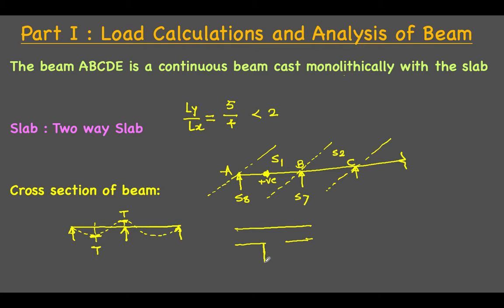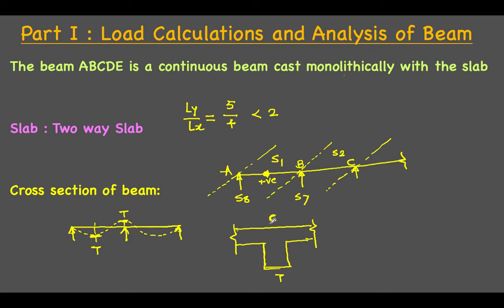And this is the beam which we are going to provide. Here in this case we are having tension at bottom, and compression at top. So the slab is also a flexure member and there is compression at the top of the slab.